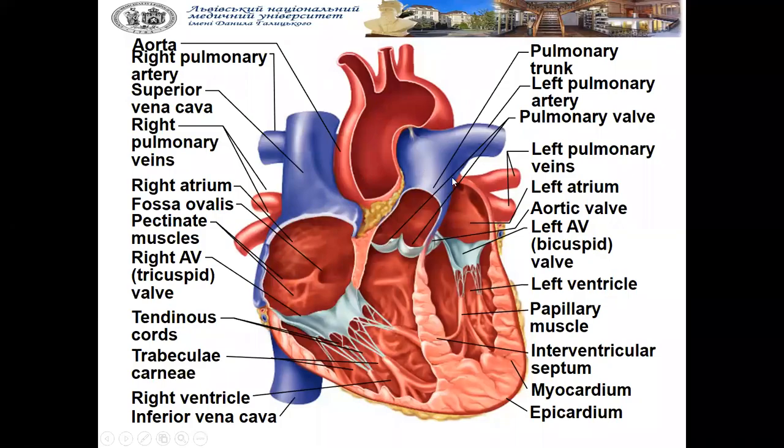Sorry, guys. Okay. So after the arch of the aorta, we have the thoracic aorta, right? The thoracic aorta passes through the diaphragm and gets the name abdominal aorta. That supplies the organs of the abdominal cavity.